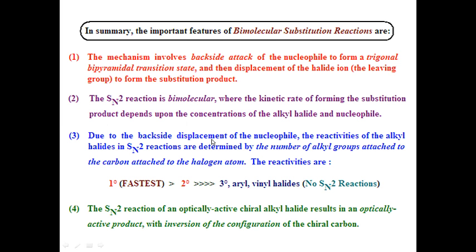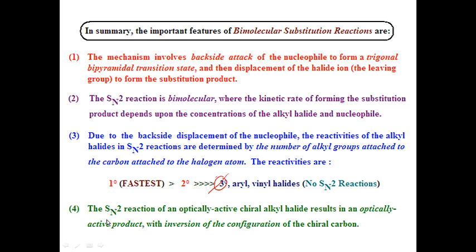And due to the backside displacement of the nucleophile, the relative reactivities of alkyl halides are determined by the number of alkyl groups that are attached to the electrophilic carbon. Primaries react fastest, secondaries react a little bit slower, but tertiary does not undergo SN2 reaction because there's too much steric bulk there.